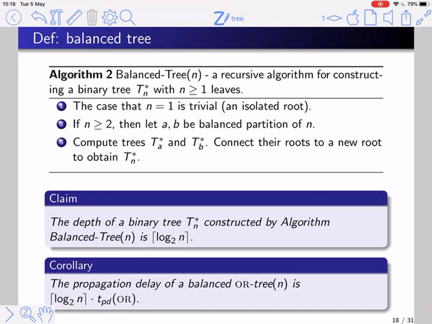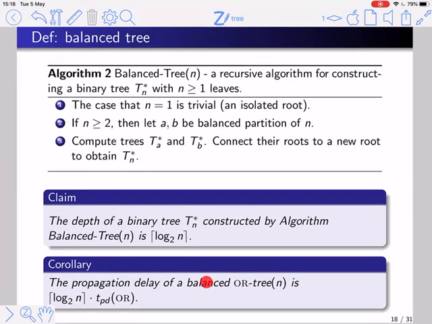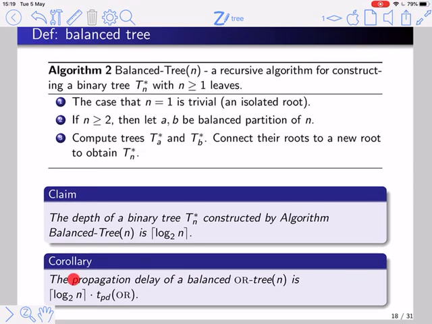Before we prove this claim, what does this claim imply? It implies that if we take an OR tree over n leaves that is balanced, namely it is one of the possible outcomes of this algorithm, then the depth will be log n rounded up, and therefore the propagation delay will be log n rounded up times the propagation delay of a single OR gate.